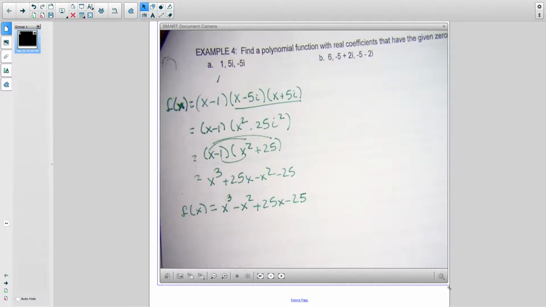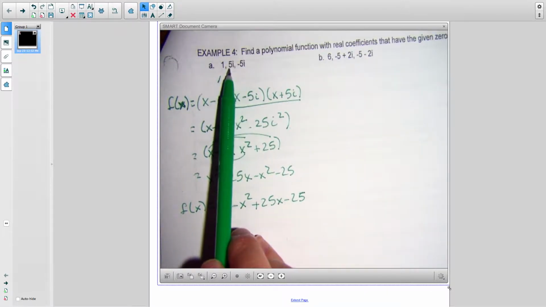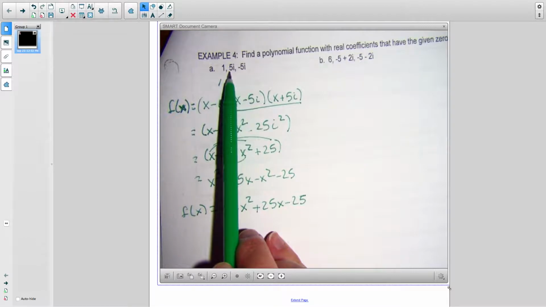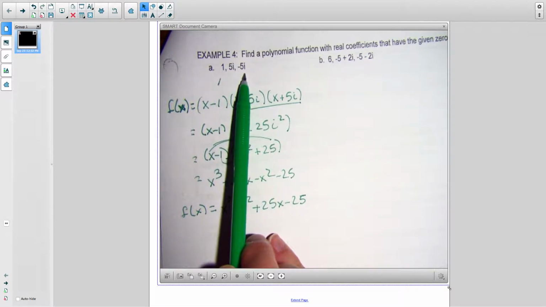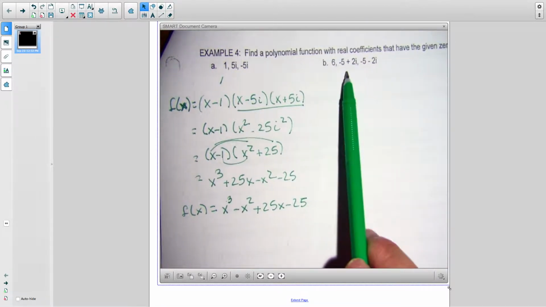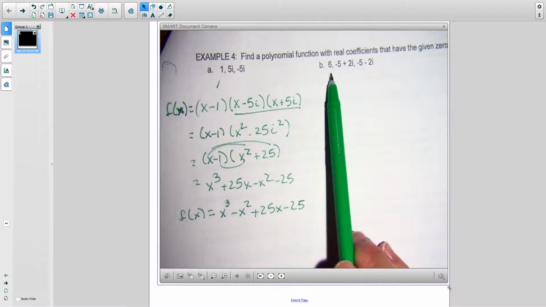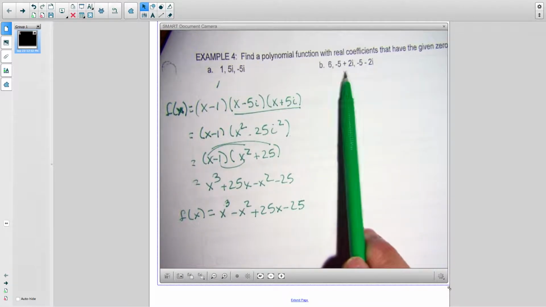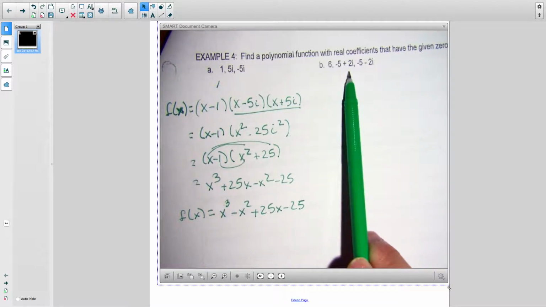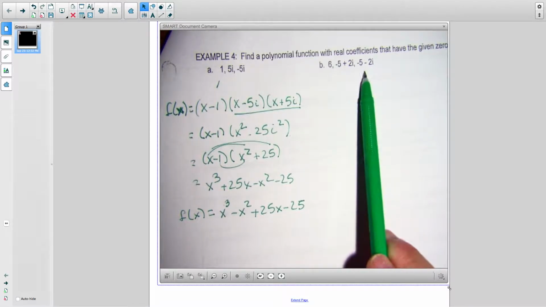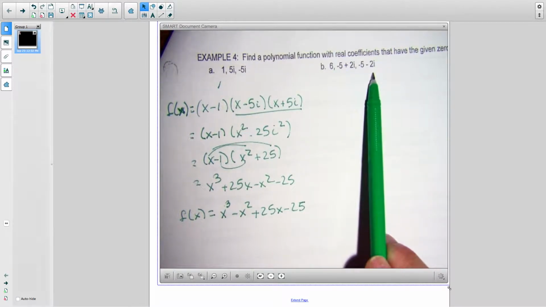All right, remember one of our rules said that if 5i is a zero, then its conjugate has to be. Sometimes they might list the conjugate, sometimes they might not, but they expect you to know that. I think that happens in your homework. If 6 is a zero, and negative 5 plus 2i is a zero, then negative 5 minus 2i has to be a zero also.